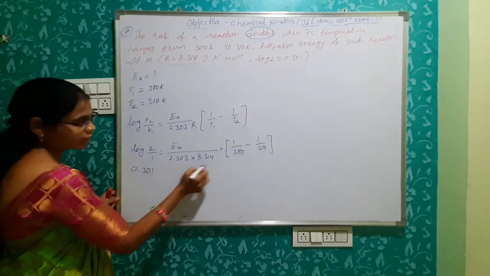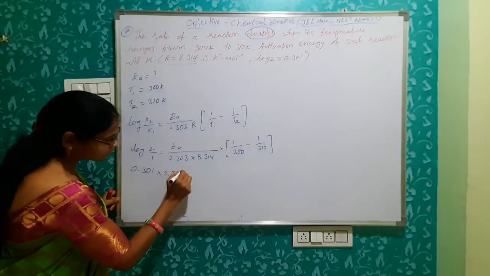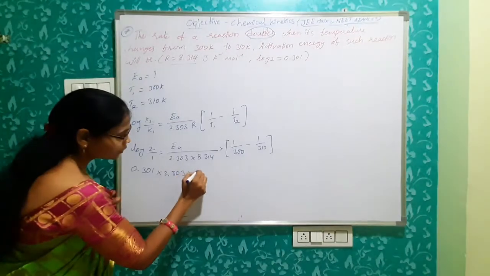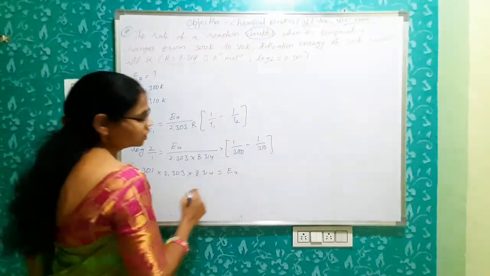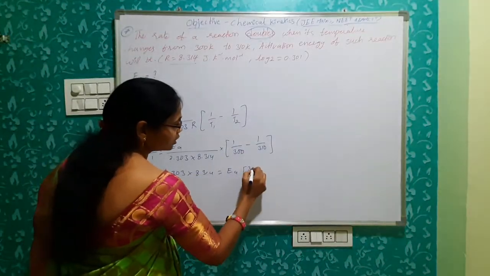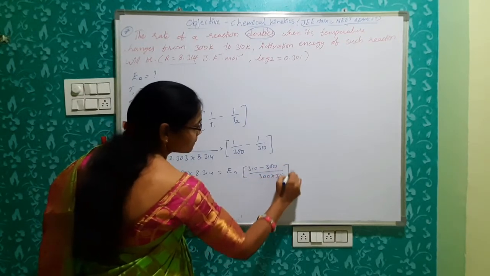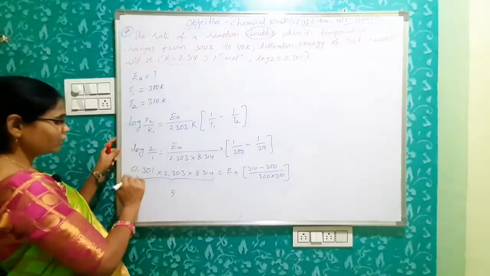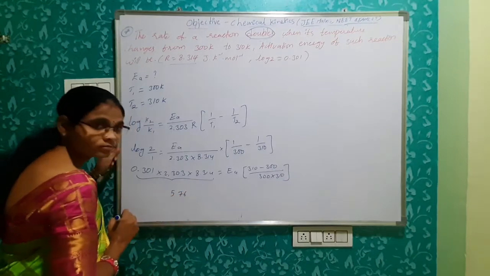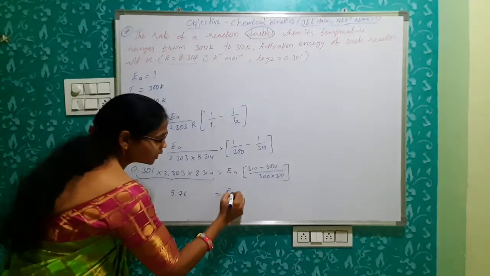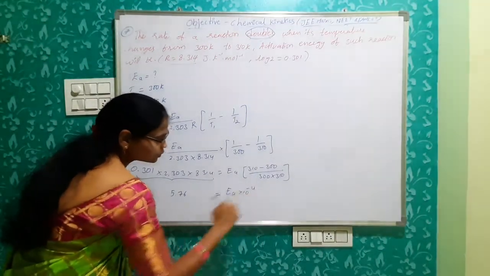Then these values: 2.303 into 8.314 is equal to the activation energy. 1 by T gives 310 minus 300 over 300 into 310. By multiplying this, we will get 5.76. So Ea, by simplifying this value, 10 power minus 4.